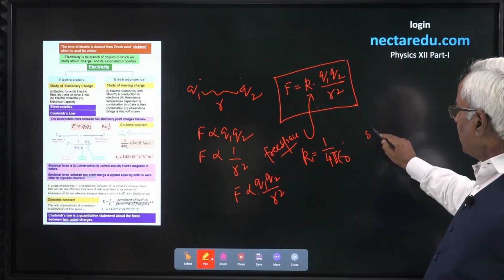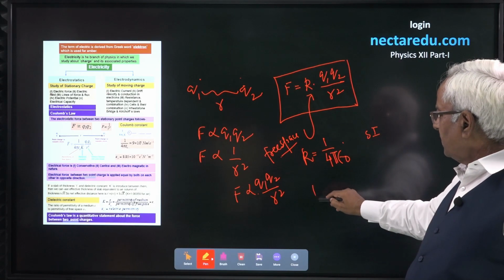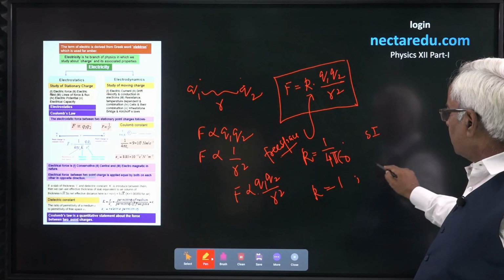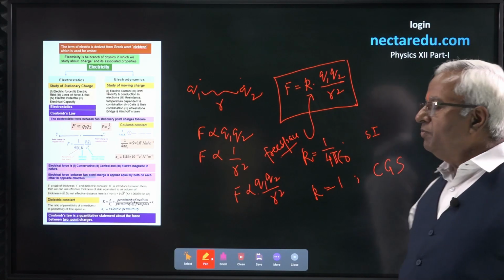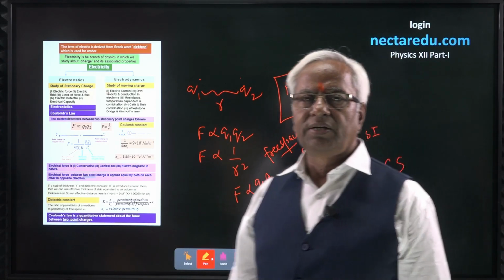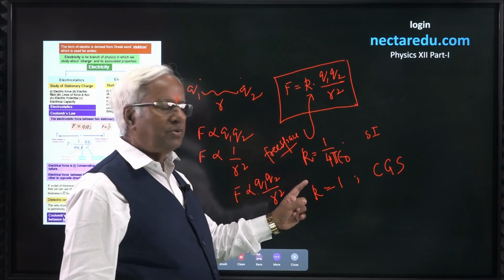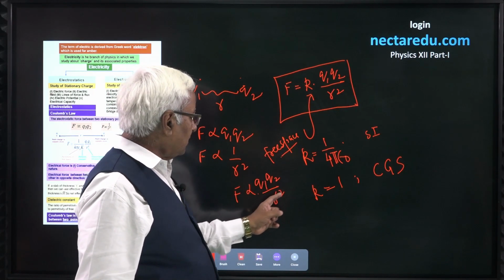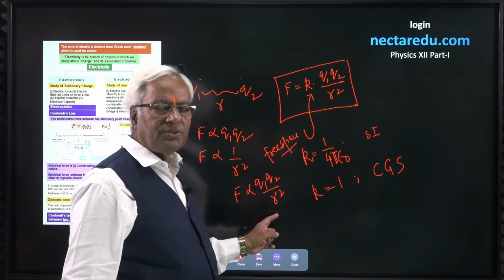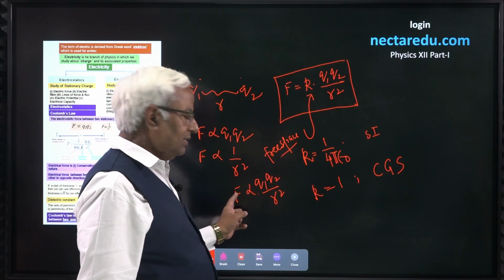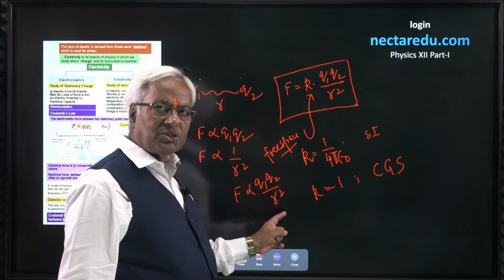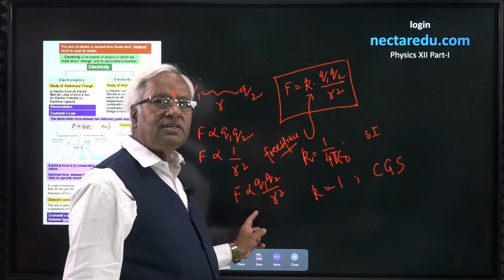This value is in SI, and the same thing becomes 1 in CGS. What do we mean by CGS while dealing with electricity? I told you, stat coulomb is the unit of charge and centimeter is the unit of distance; then only you could say this is the CGS system, and force would be taken in dyne.